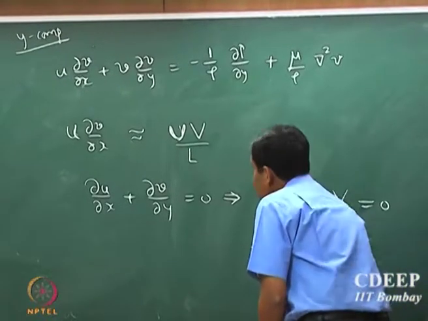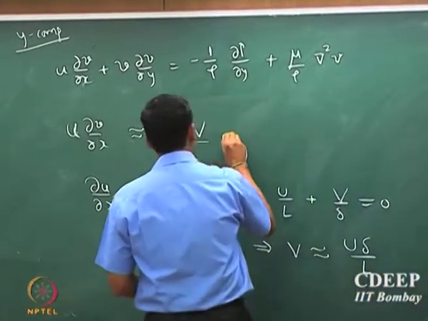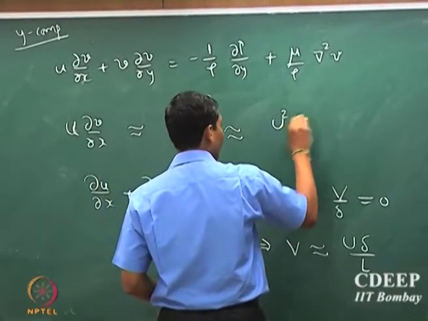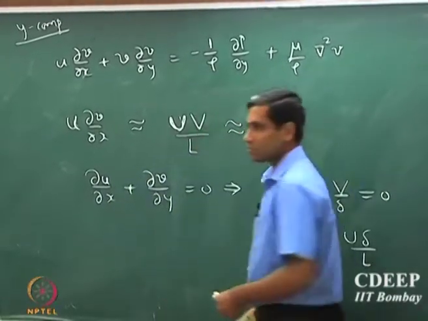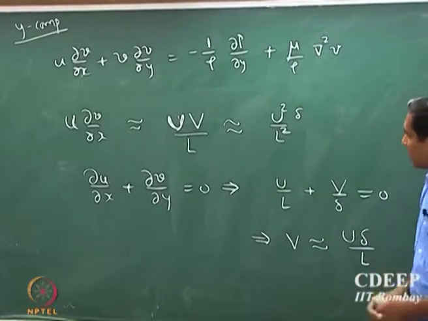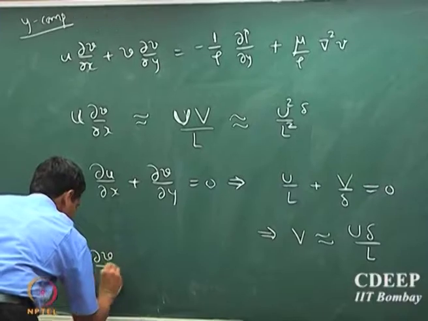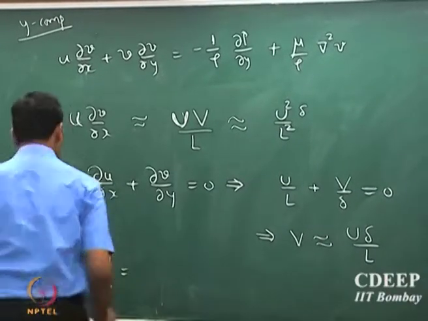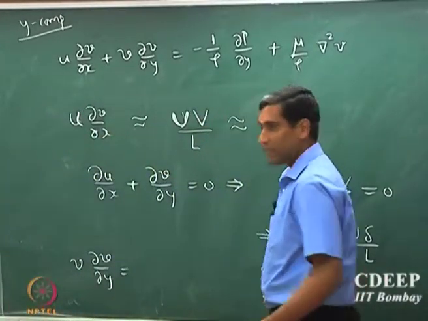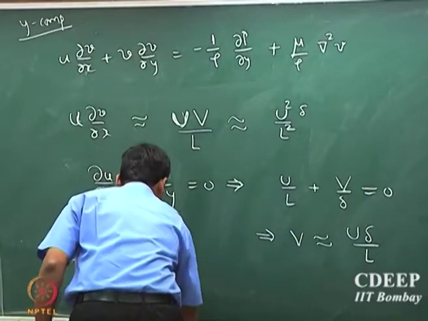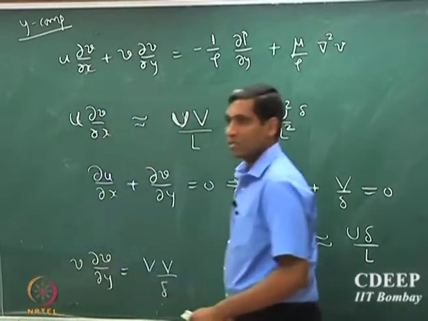Alright, so now with this, u into dv by dx would actually scale as U square delta by L square. Okay. Now if we look at v dv by dy, V scales as capital V and dv by dy scales as V by delta. Okay.